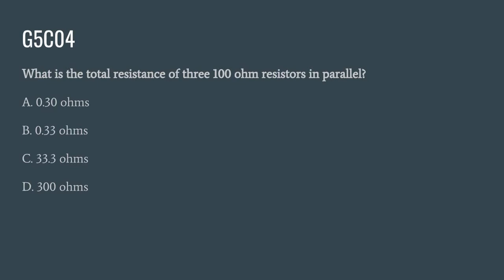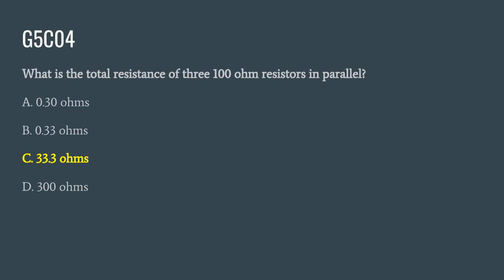G5C04. What is the total resistance of 3 100 ohm resistors in parallel? A. 0.30 ohms. B. 0.33 ohms. C. 33.3 ohms. Or D. 300 ohms.